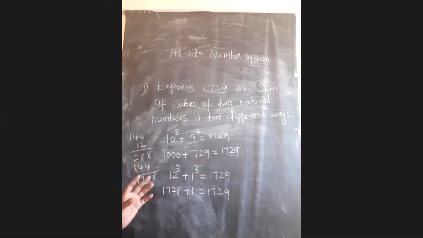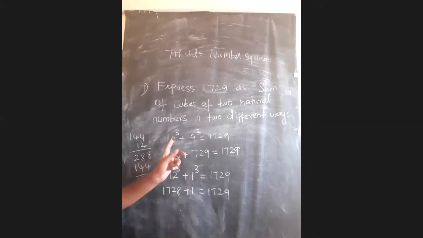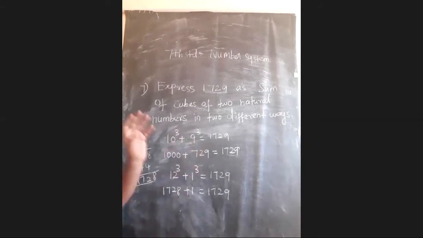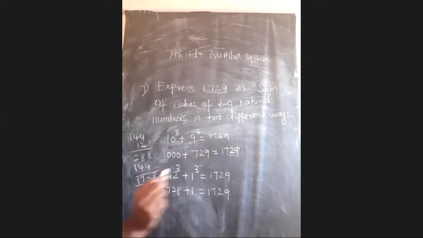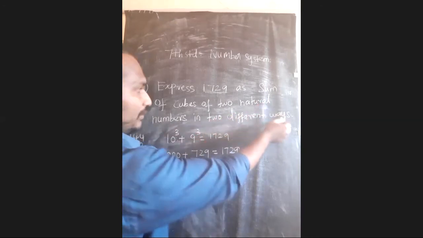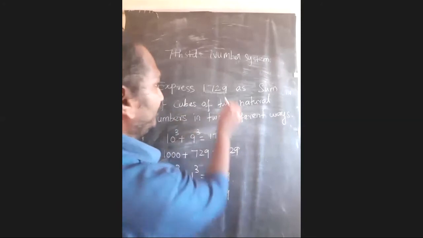Cubes means we know very well: cube of 2 is 2 into 2 into 2. What is the cube of 10? 10 into 10 into 10. What is the cube of 9? 9 into 9 into 9. So, what is the condition? You have to cube two natural numbers. If you add up the two cubes of the natural numbers, you should get the answer as 1729.